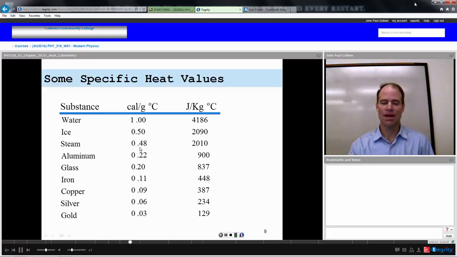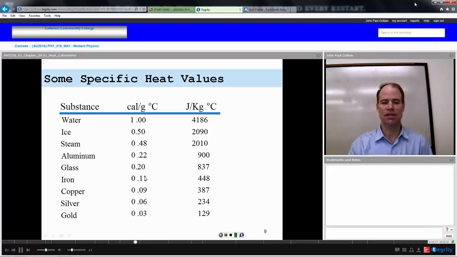Ice has half the specific heat of water, 0.5, and 2,090 joules per kilogram per degree Celsius. Steam is just about the same, half of that of water. So water in its solid form or in its gaseous form has half the specific heat it has when it's in the liquid form.